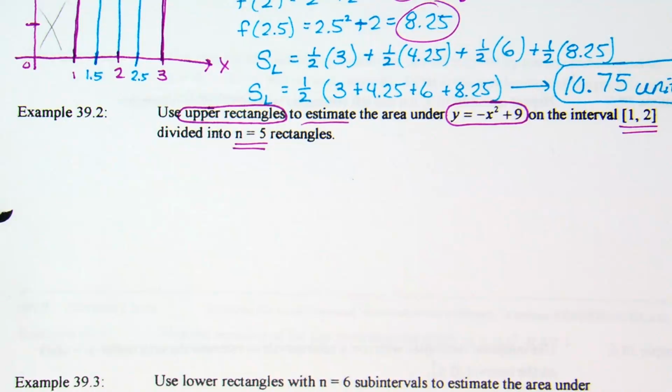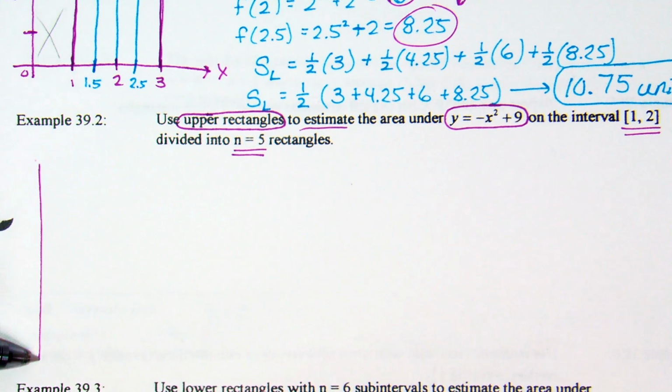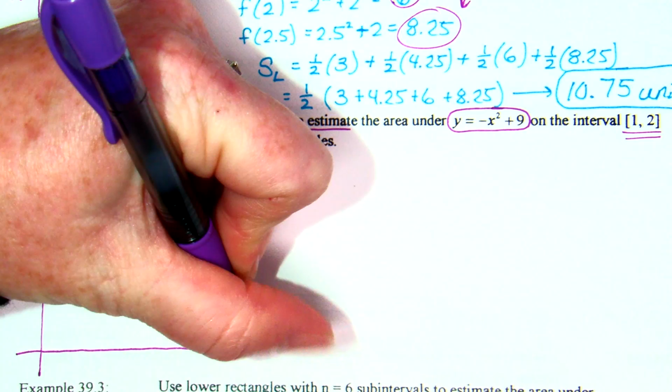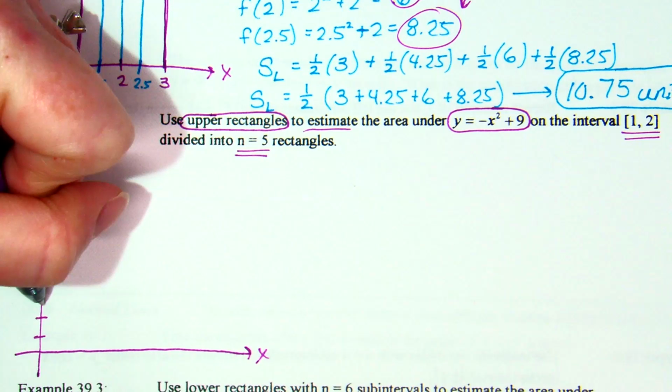So, needless to say, I'm going to draw that first quadrant view, because that's what really matters here. It's a parabola moved up 9 but flipped upside down. So basically what I'm going to draw, 3, 4, 5, 6, 7, 8, 9.